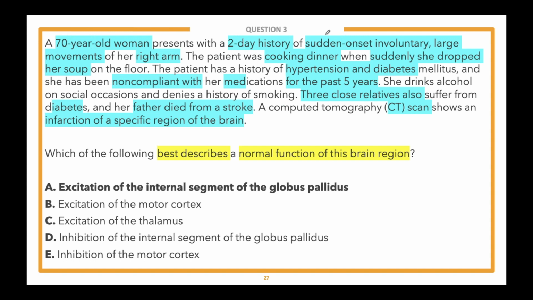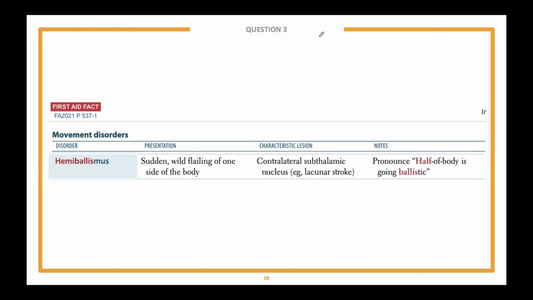And on the next slide, we actually have gone ahead and shown that with certain movement disorders, what you should be thinking about. Hemiballismus is sudden wild flailing of one side of the body. And the lesion is the contralateral subthalamic nucleus, or STN. Okay, so the contralateral subthalamic nucleus. So that's where this infarct likely happened.